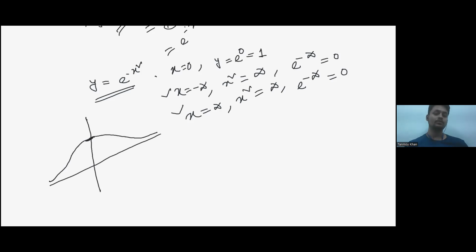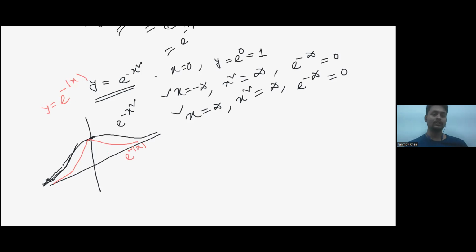Whenever we draw e to the power minus mod x, this was like this, right? This is e to the power minus mod x, and the other one is e to the power minus x squared. Why is it so? How is this coming? Because whenever the value is greater than 1, obviously it will not be like this.